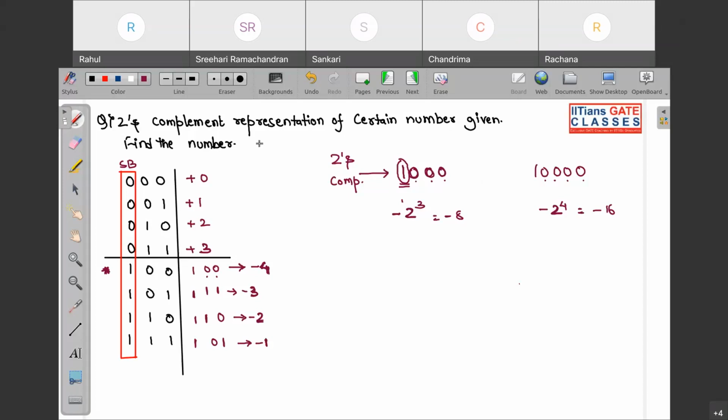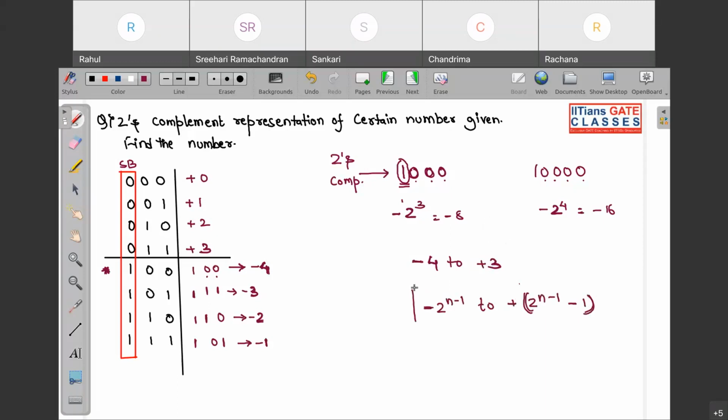Yeah, so tell me, what is the range of numbers that I am representing over here? I am representing the numbers from -4 to +3. Similarly, if I want to represent numbers using n bits, that will be, yes, very good, Surjit, -2 to the power n minus 1 to +2 to the power n minus 1 minus 1.